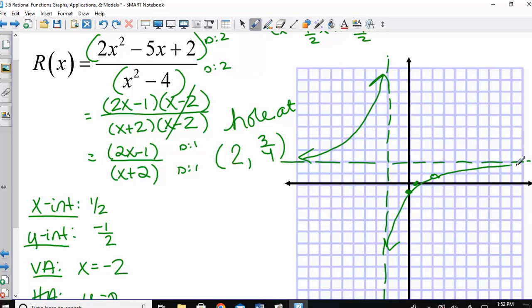Make sure when you're drawing this that you don't accidentally fill in your open circle. It's on the curve, but it is open. Your graphing calculator will not show you that open circle, so you do have to find it yourself.